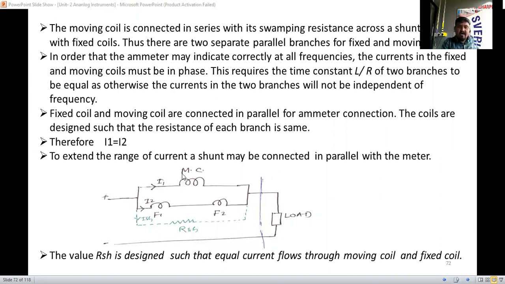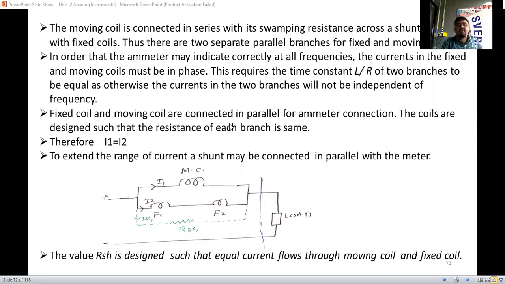The L/R ratio should be the same. The inductance divided by resistance of this coil and of that coil should be equal. Otherwise it will not be independent of frequency.